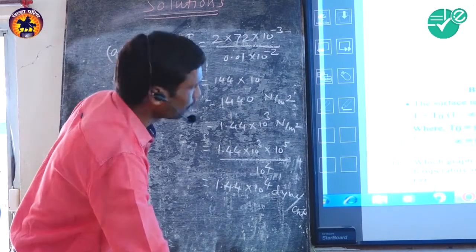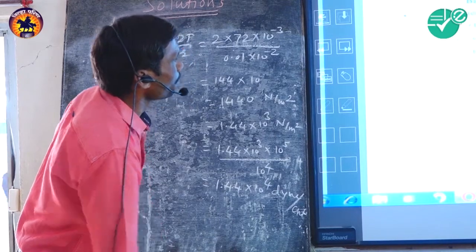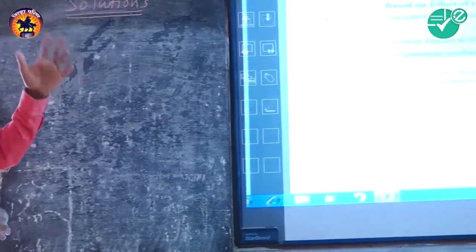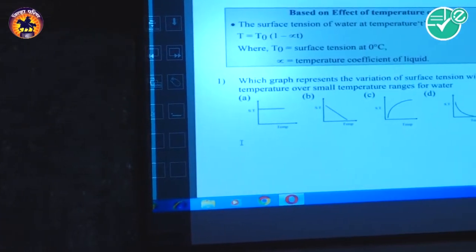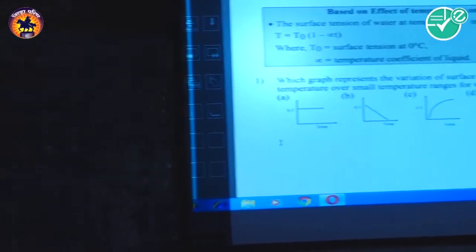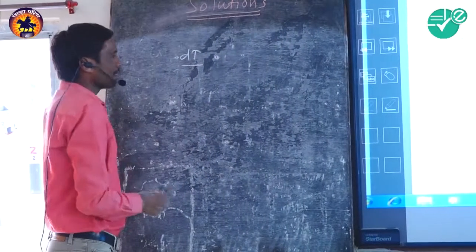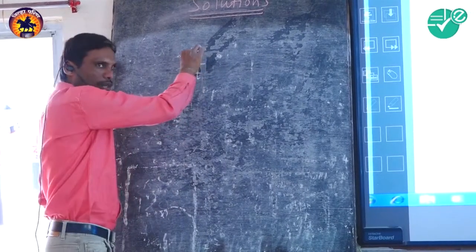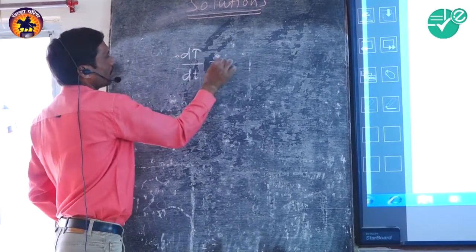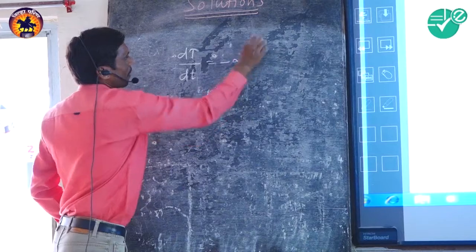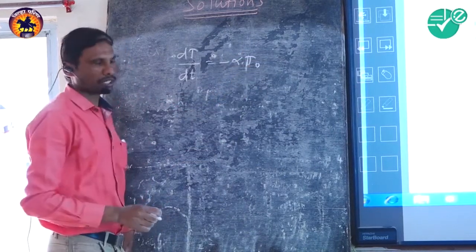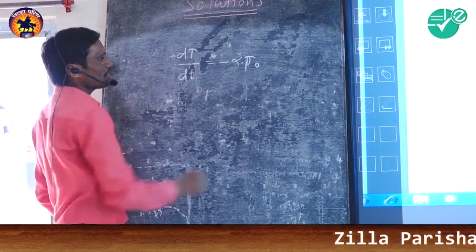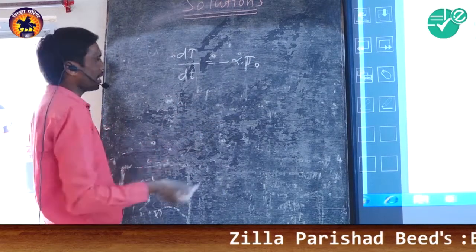Then we shall take the MCQs on the effect of temperature on surface tension. Variation of surface tension with temperature over a small temperature range for water. We have seen that for a small temperature range, the rate of change of surface tension of water with temperature is equal to minus alpha T0. Here alpha is the temperature coefficient of water and T0 is the surface tension of water at 0 degree Celsius.